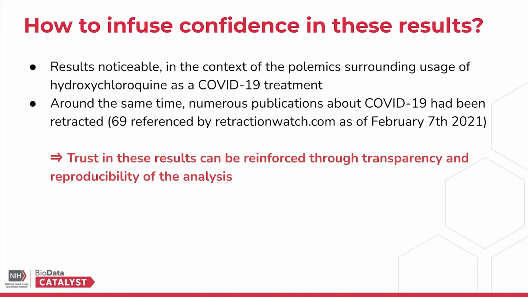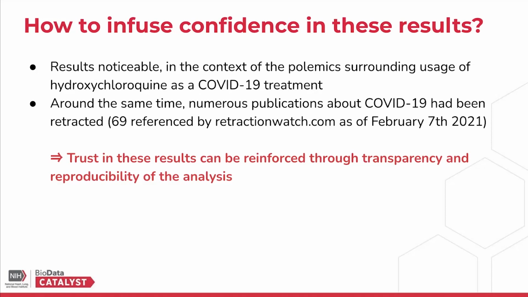Also, something important to notice is that during COVID-19, there have been numerous publications that have been retracted. Based on retractionwatch.com, as of February 7, they referenced 69 publications related to COVID-19 that have been retracted, some very mediatic ones, some very important ones, like in the Lancet, for instance.